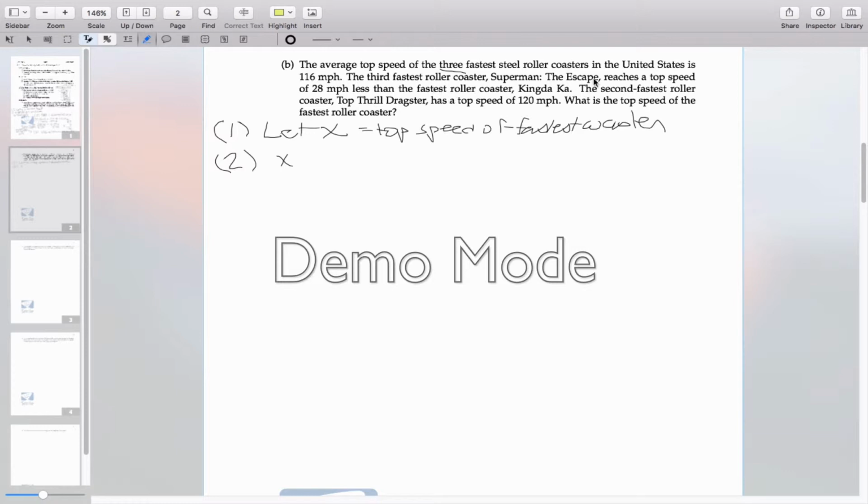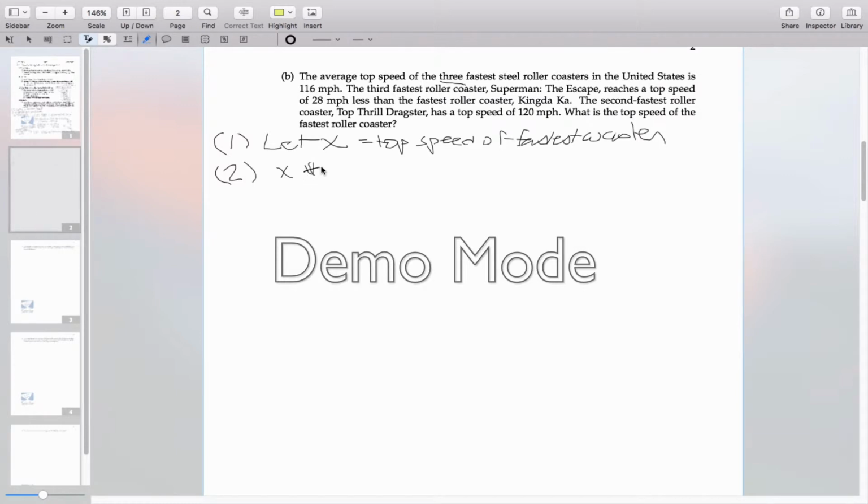The 3rd fastest coaster has a speed of x minus 28, because Superman the Escape reaches a top speed of 28 miles per hour less than the fastest roller coaster. That's a plus. And the other coaster has a top speed of 120. And we know that when we add those 3 speeds and divide by 3, we have to get 116.